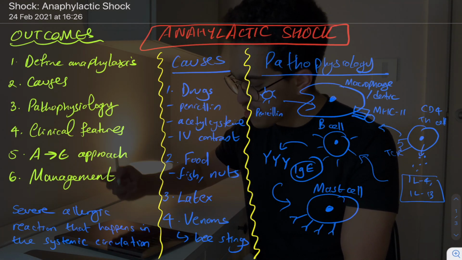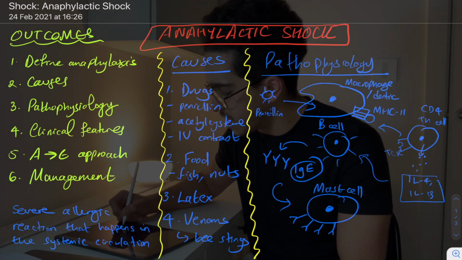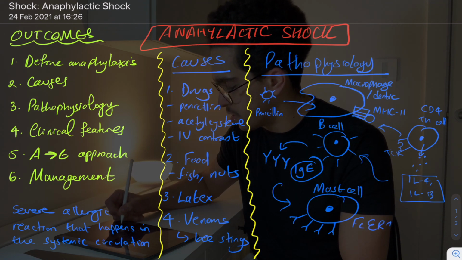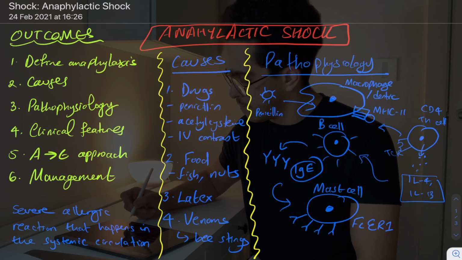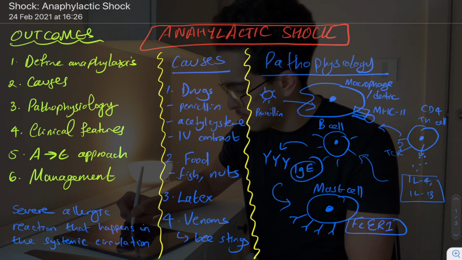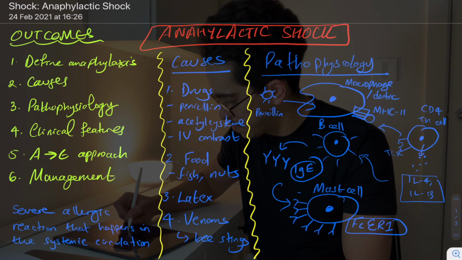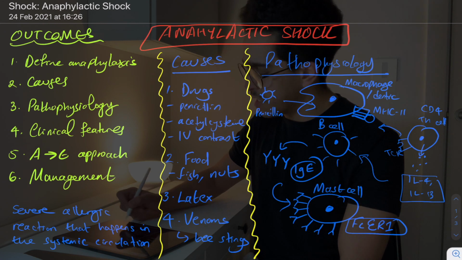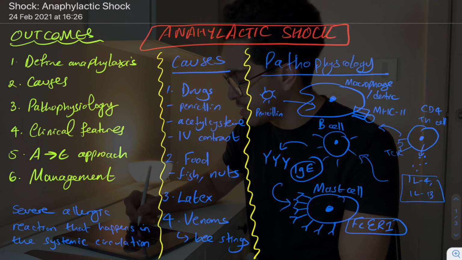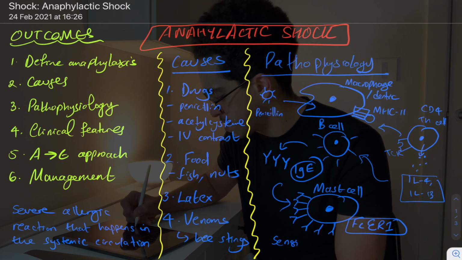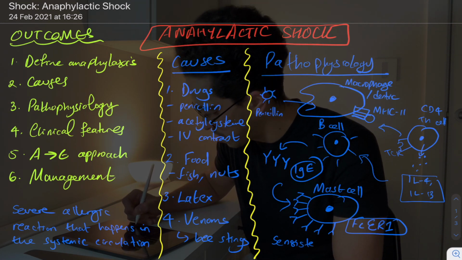Specifically, it's going to bind to the Fc epsilon R1, Fc epsilon receptor 1. So IgE is gonna bind to the mast cell, and when this happens, the mast cell is said to be sensitized. The mast cell becomes sensitized. What does this mean? Sensitized.